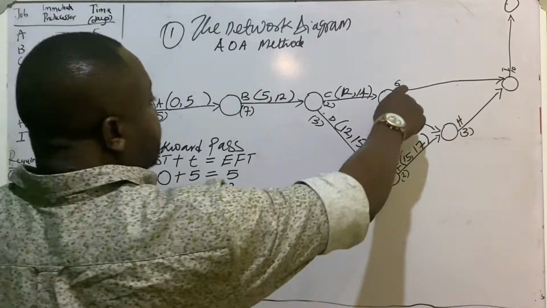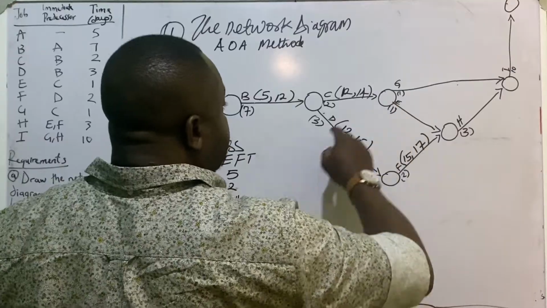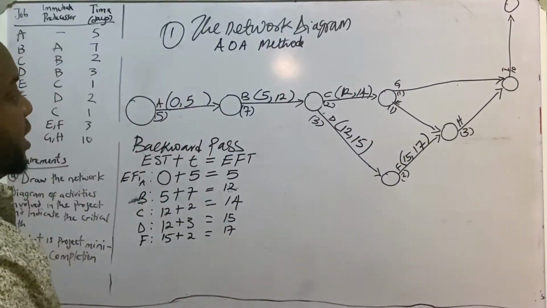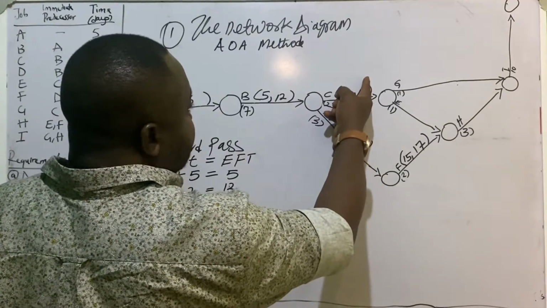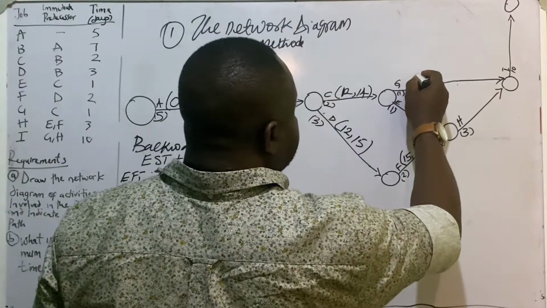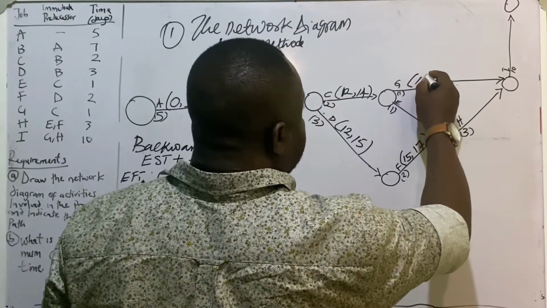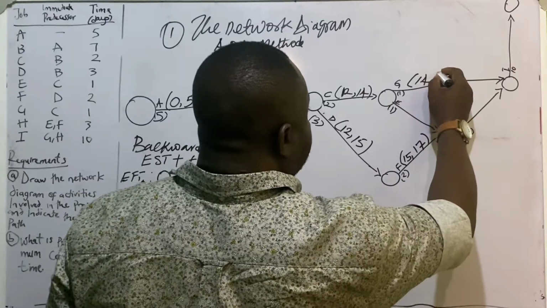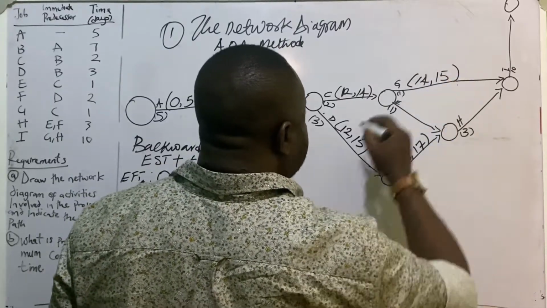Alright, for activity G and activity E that are preceded by activity C, their start time will be the finish time for the activity C preceding them. So for activity G, the start time will be 14, and 14 plus 1 will give me 15. That will be the finish time.